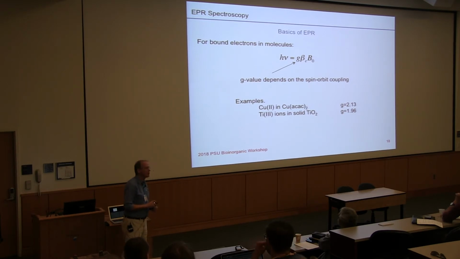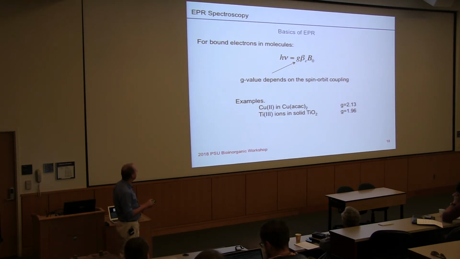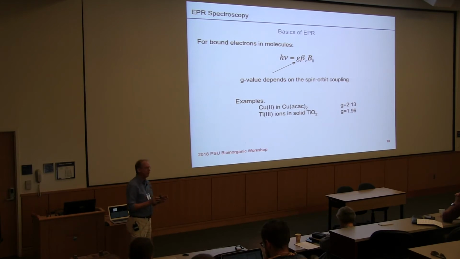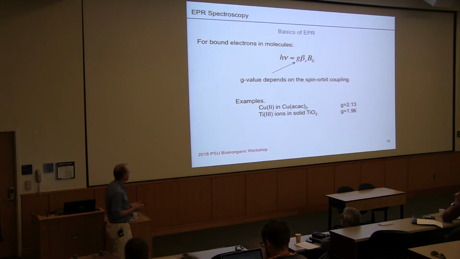And this is a result of the contribution from orbital angular momentum to the overall angular momentum of the electron, right? But the bottom line is that instead of having this constant, free electron G value, we get a G value which is shifted as a result of the fact that the electron now also has orbital angular momentum because it's in an orbital, right?